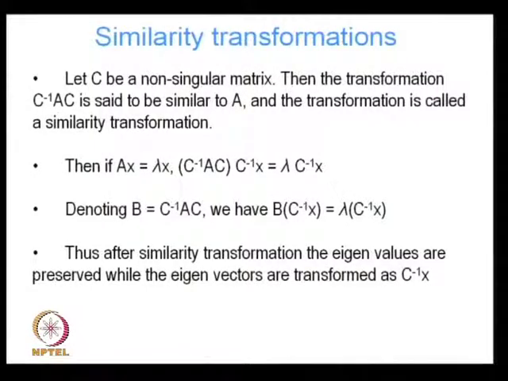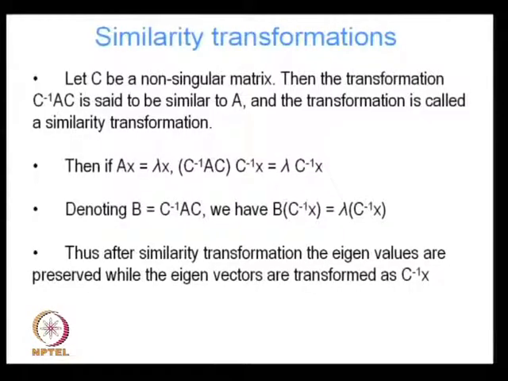Then the transformation C inverse AC is said to be similar to A. That is, if we start with our original matrix A and transform it according to the rule C inverse AC, then the matrix we get, C inverse AC, is said to be similar to A, and the transformation is called a similarity transformation.